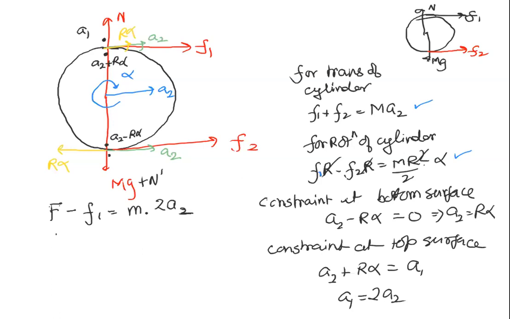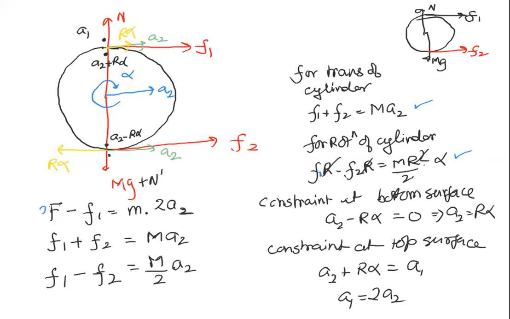And then I write F1 plus F2 is equal to capital M. And then I write F1 minus F2 is equal to MR by 2 into alpha, and alpha I'm going to write as A2 by R.